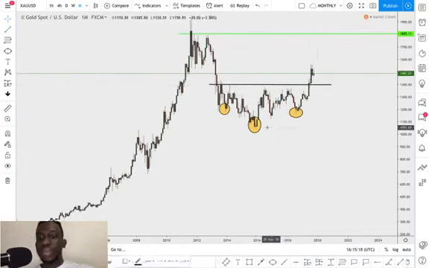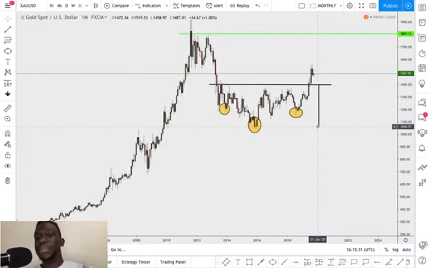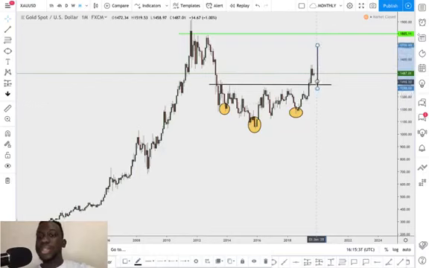Now, one of the rules of a head and shoulders, or rather a chart pattern, is the amount of pips that was accumulated during the consolidation phase is the same amount of pips this market is going to climb once we have a breakout.